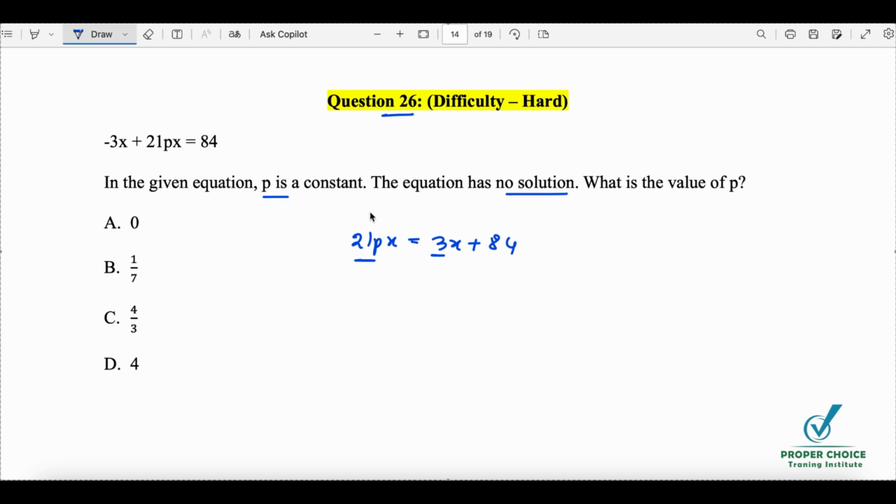So the coefficient of x on this side should be compared with this, and I'll write it as 21p equal to 3. Now divide by 21 on either side, and you'll get p equal to 1 by 7, because 3 times 7 is 21, or you can use a calculator. The value of p here is 1 by 7, which is option B.